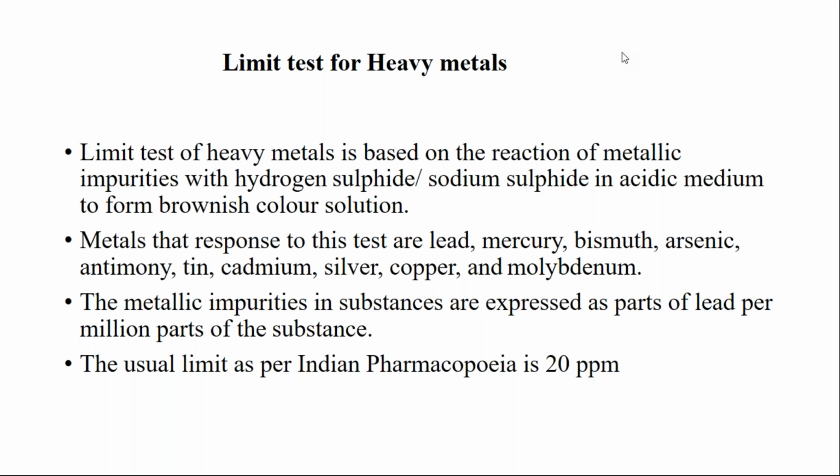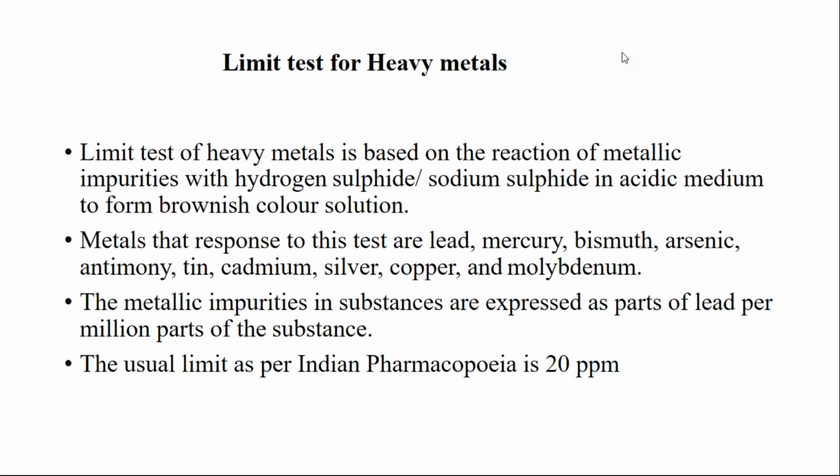These metallic impurities present in substances are usually expressed as parts of lead per million parts, in short form ppm, parts per million. The usual standard that you will be using to compare is lead, and the Indian Pharmacopoeia specifies the limit as 20 parts per million.